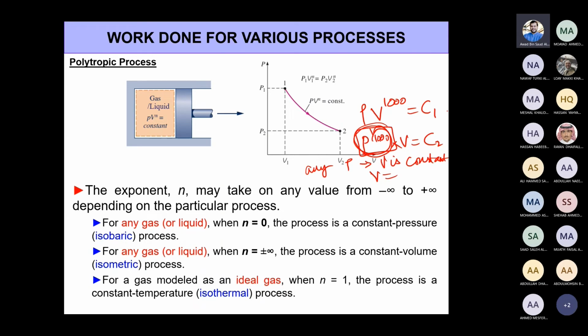And when I send the pressure onto the right hand side, it becomes yet another constant. Basically, all we are saying is that the effect of pressure becomes almost negligible, and the volume becomes a constant quantity. So this is why we said it becomes a constant volume process when n is very large.